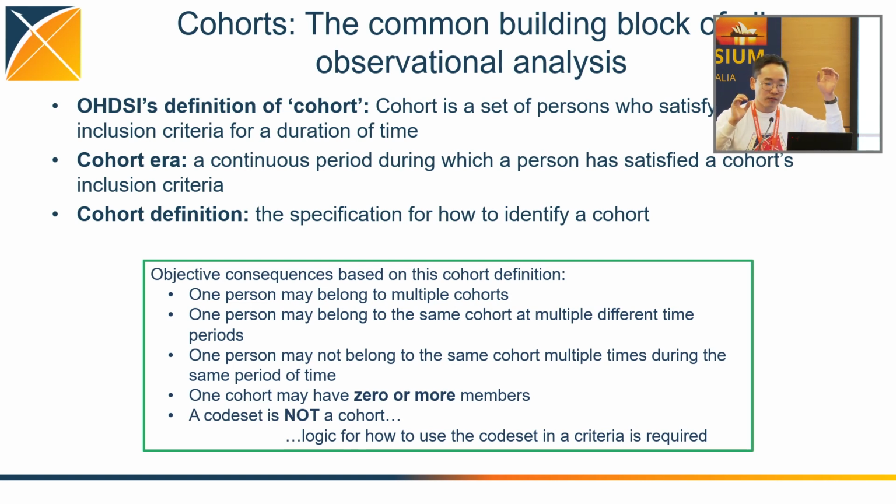It means that if a person belongs to the cohort from January to March, the person cannot belong to the cohort from February through April because there is an overlap of time. We do not allow overlapping time durations in the same cohort for the same person. And one cohort may have zero or more members.